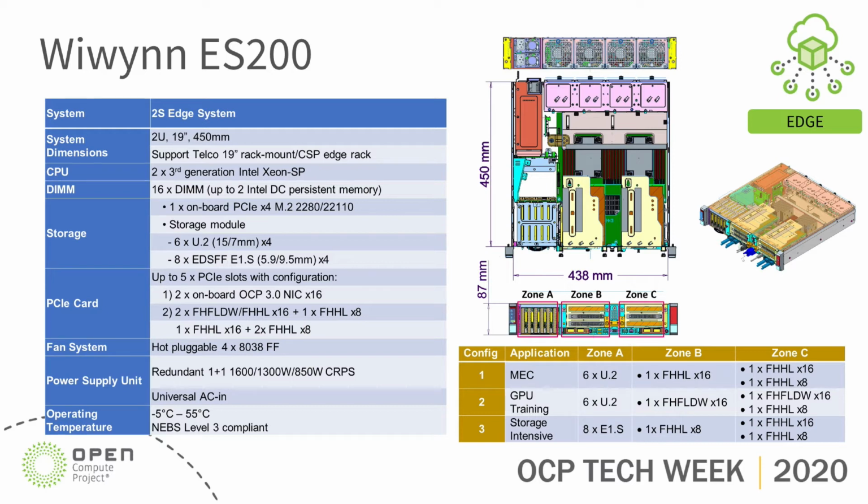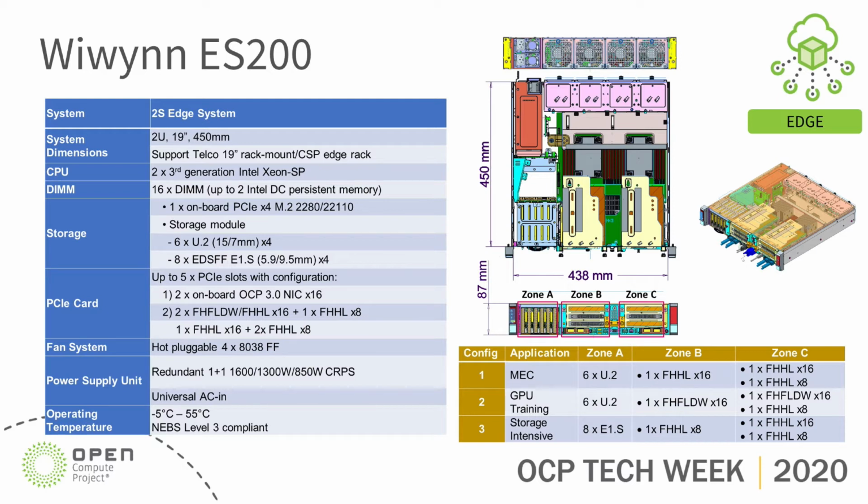In the ES200, it is designed with hot plug for 4 pieces of 80 millimeter form factor fans. And the power supply will support 1+1 redundancy with 3 kinds of power rating capacity, 1600, 1300, and 850 watt in CRPS power supplies.